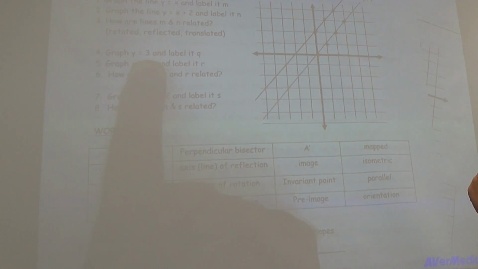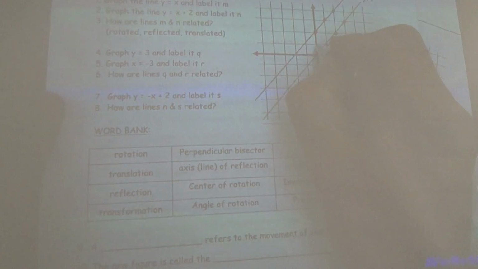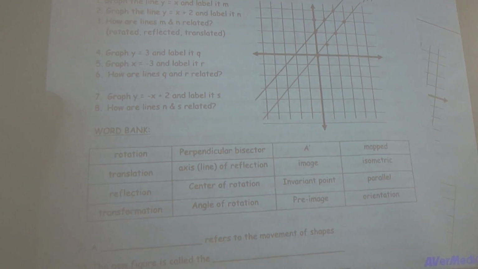So when you have y equals 3, they're saying there's a line that goes through y equals 3. 1, 2, 3, this point right here, and it's going to be a horizontal line. Special cases.